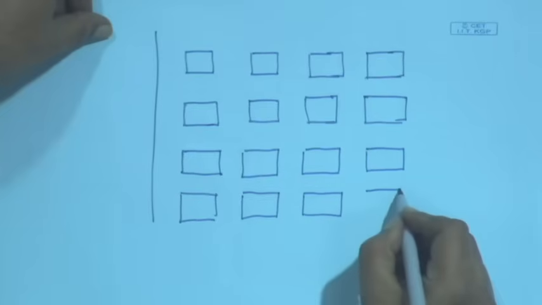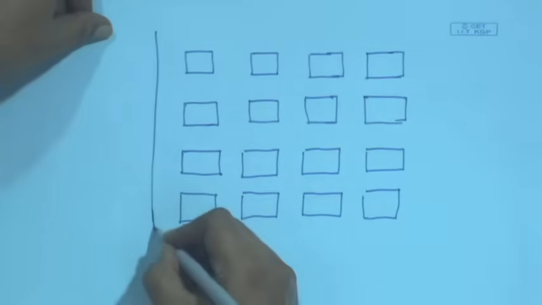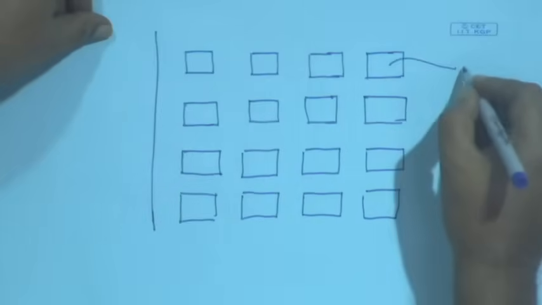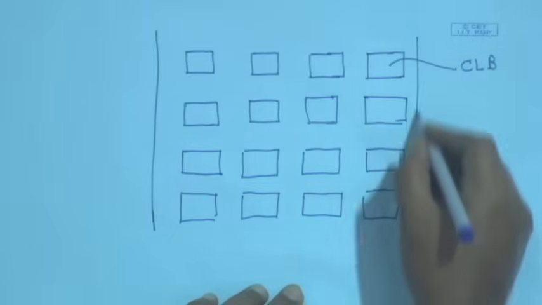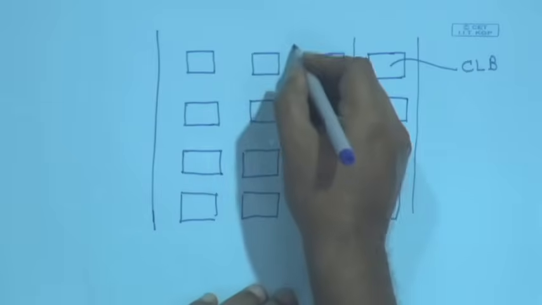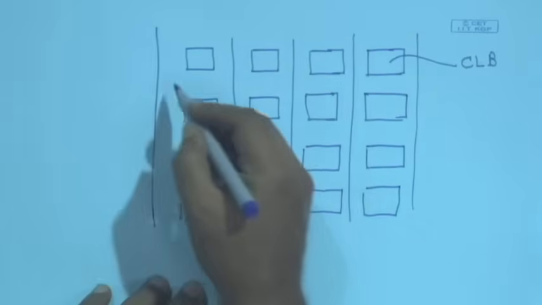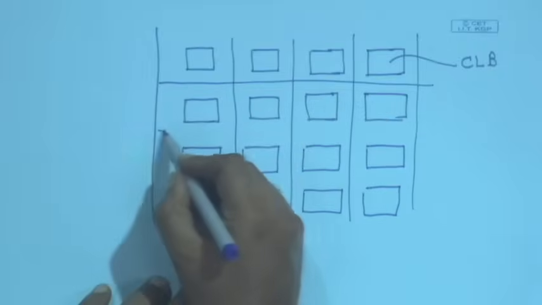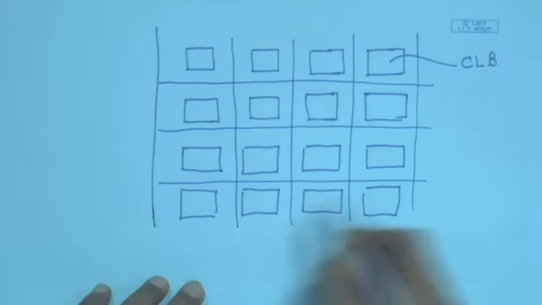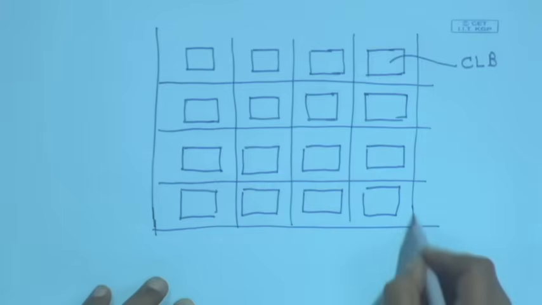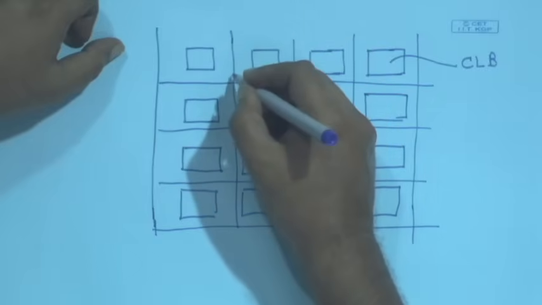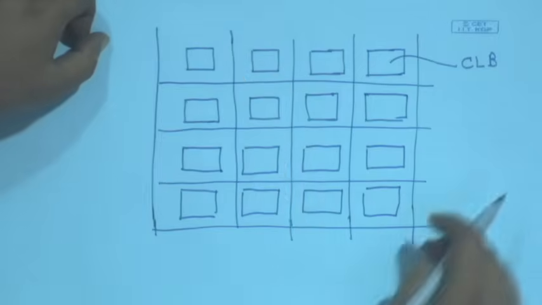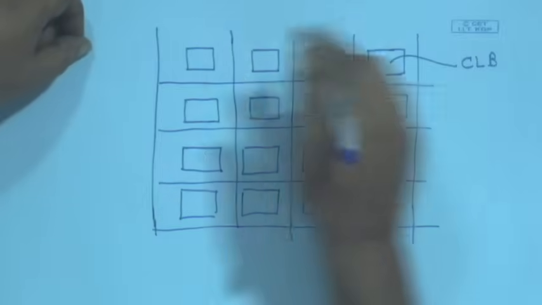Suppose we have got such an array of logic blocks, each of them is known as a CLB or configurable logic block, and they are surrounded by a number of lines. I am just showing one line, but it is actually much more, through which I can establish interconnections.